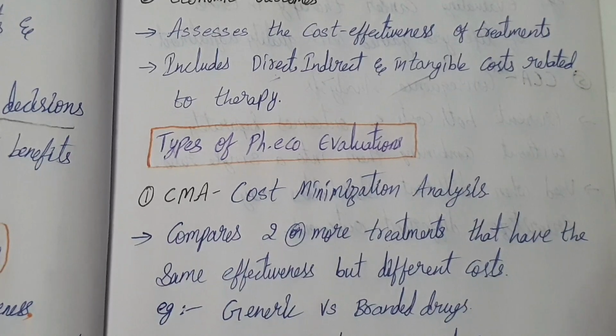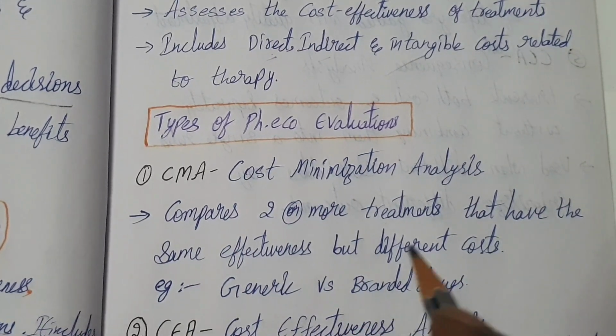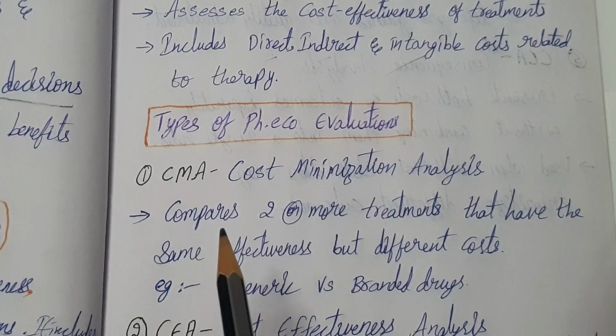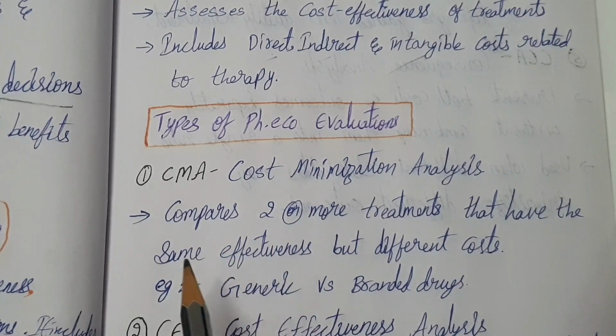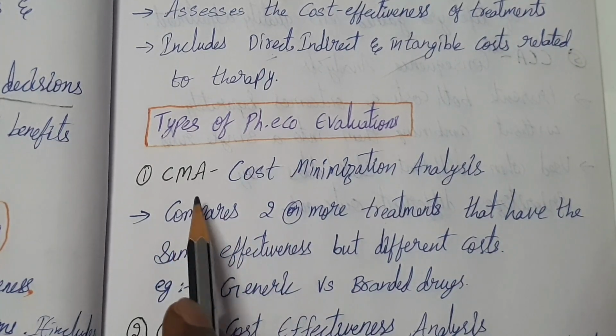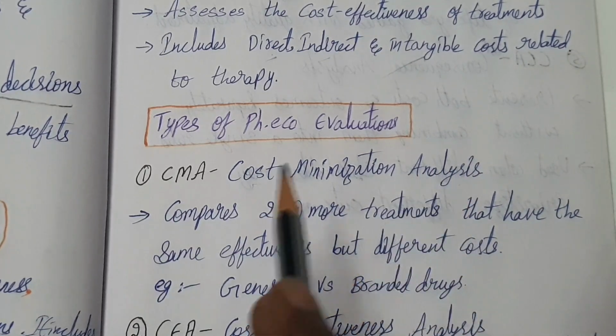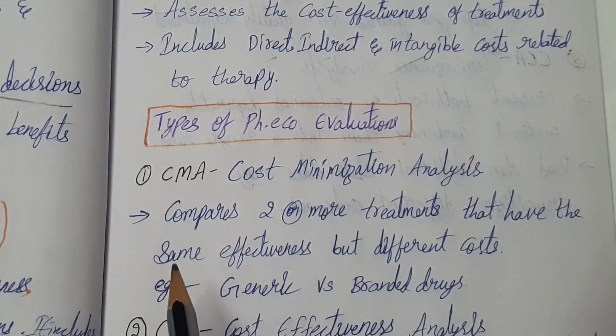Let's go over the 5 major types of evaluations used in pharmacoeconomics. First one is CMA, cost minimization analysis. It is used when two treatments give the same outcome.